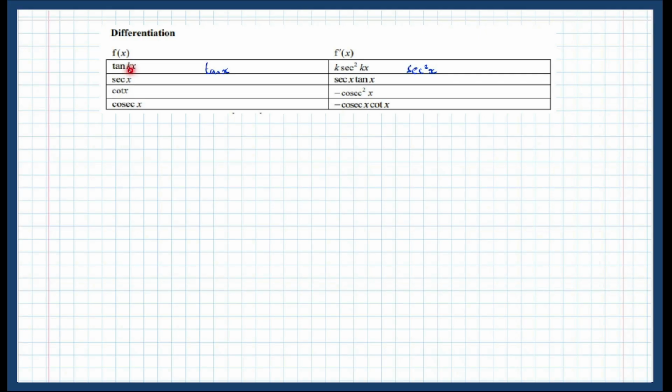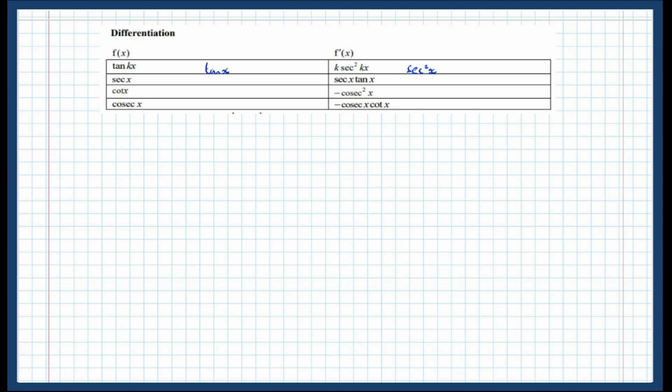This k is just an example of the chain rule, which we're going to go on to in just a second. We get the differential of sec x is sec x tan x, again proving that using the chain rule, or the quotient rule for that matter, is part of the worksheet. Cot x differentiates to minus cosec squared x, again on the worksheet, and that's the case as well. Cosec x differentiates to minus cosec x cot x.